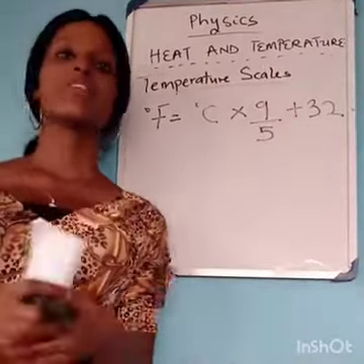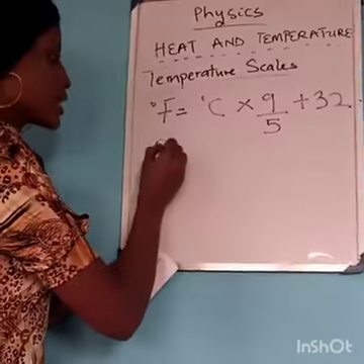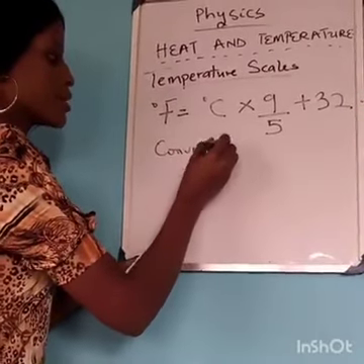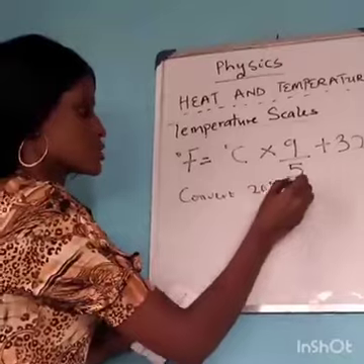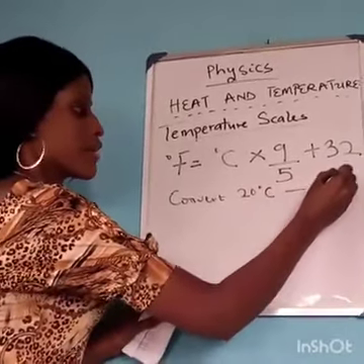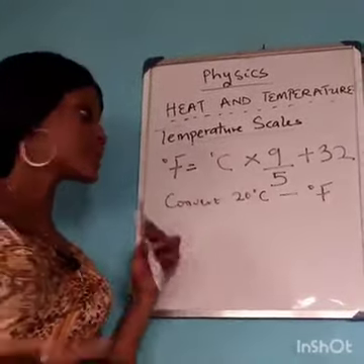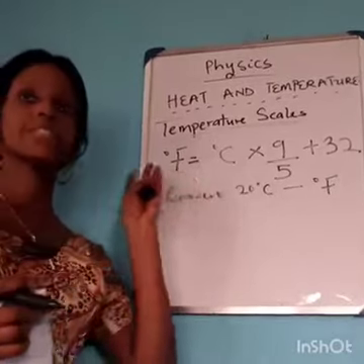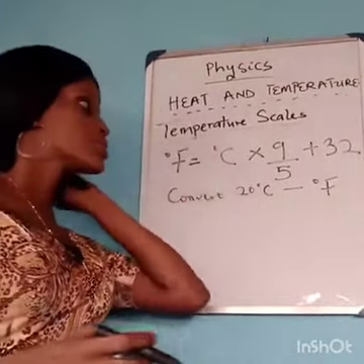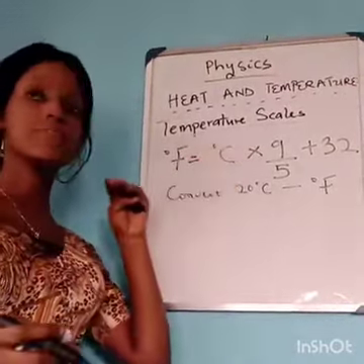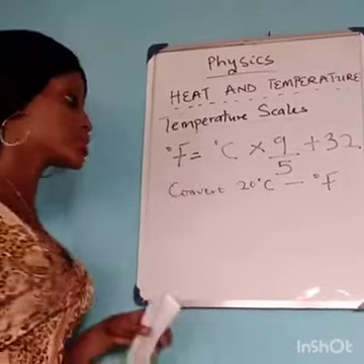Let's say, for instance, you are asked to convert 20 degrees Celsius to degrees Fahrenheit. So simply use the formula F equals degrees Celsius times 9 divided by 5 plus 32.